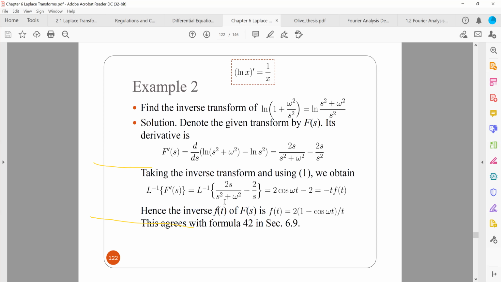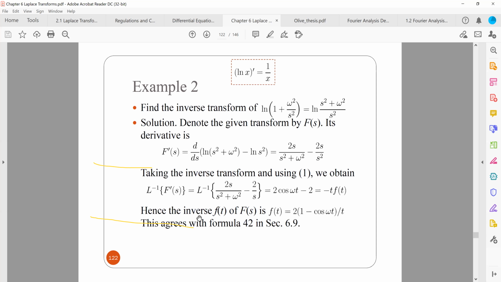So if we take the Laplace inverse of this, we'll end up with 2 cos omega t minus 2, which from the first rule for differentiation, we know was equal to minus t times f of t.